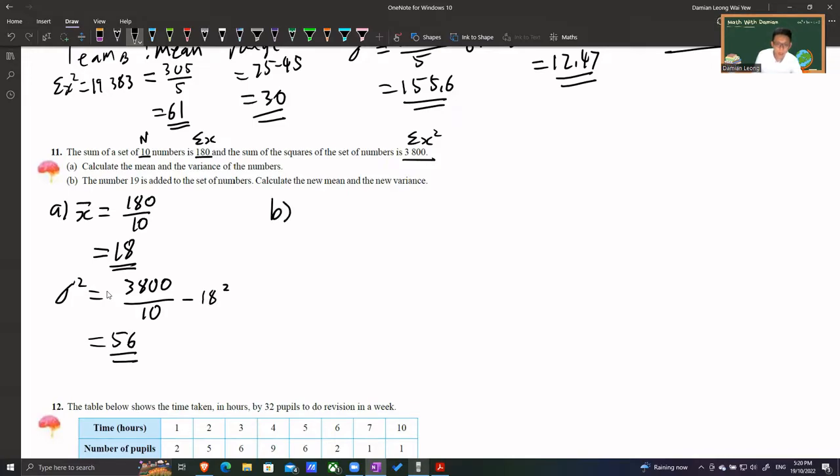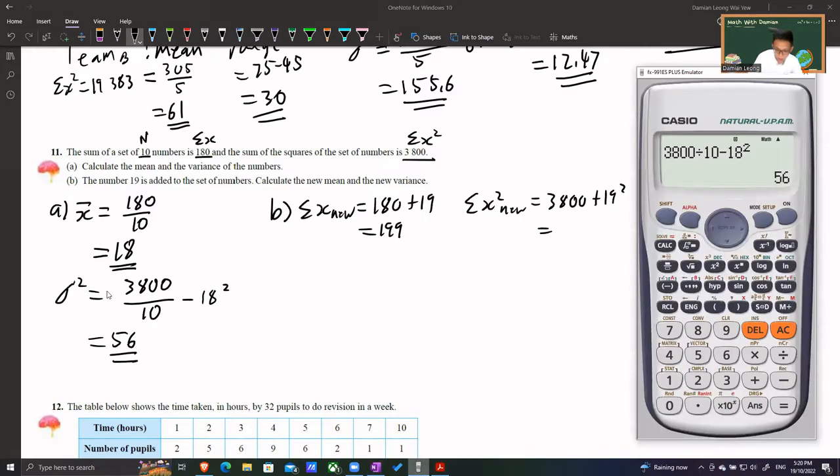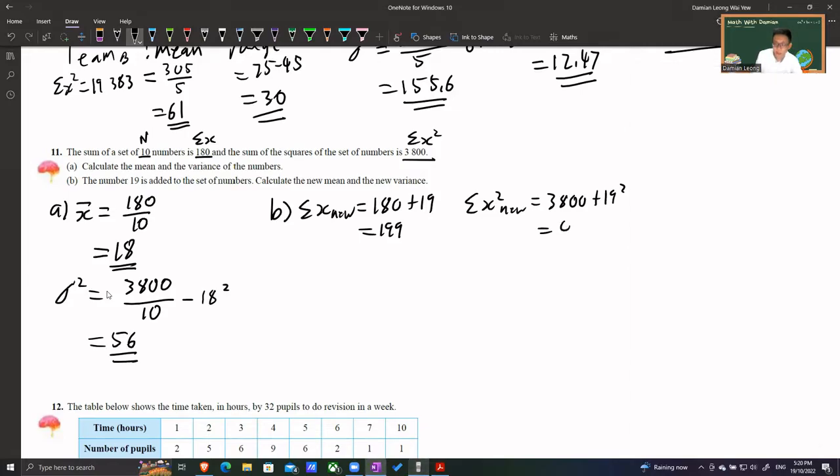And for part B, the number 19 is added to the set of numbers. So we cannot change from the mean and standard deviation or variance; we have to change from the sum of values and the sum of values square. The new sum of values will be 180 plus 19, 199. The new sum of values square, 3,800 plus 19 square, which is 4161.